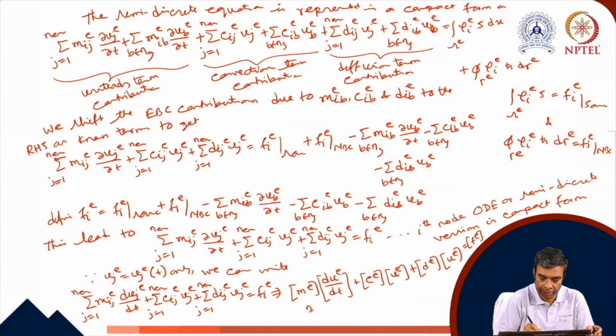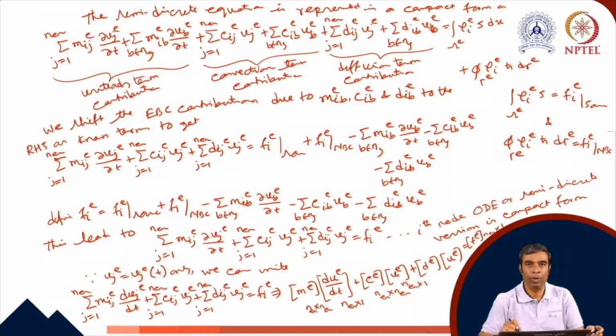So this is nen by nen. The vectors are nen by 1. So this is nen by nen, nen by 1, and finally the load vector is nen by 1.